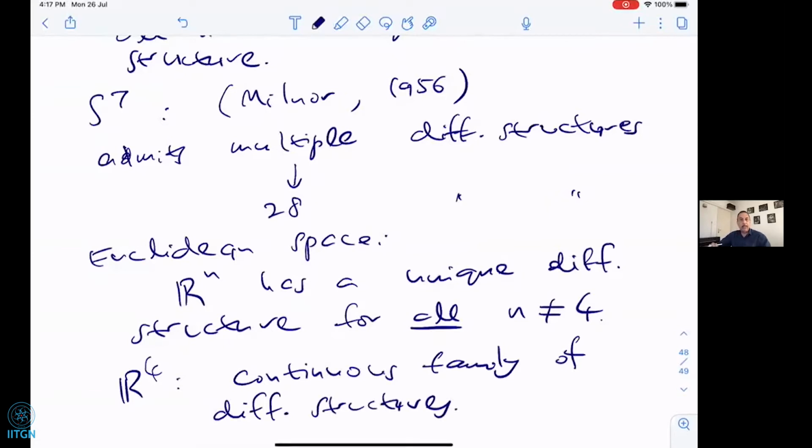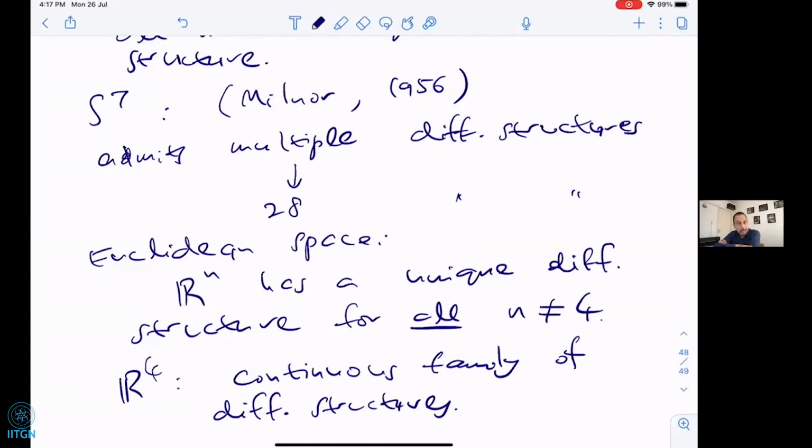That means that I can put an atlas on R4, and then if I'm clever, I can deform that atlas continuously into different atlases which are not differentiably equivalent to the original one, whose charts are not compatible with the charts of the previous one in the sense of differentiability. Well, it's a weird result.